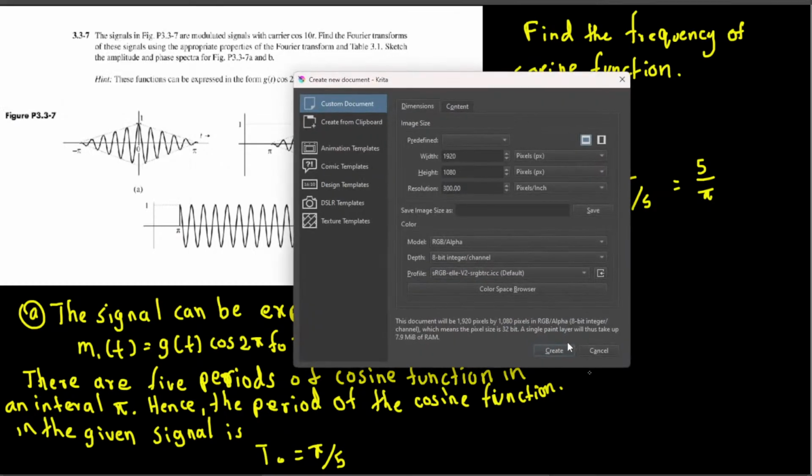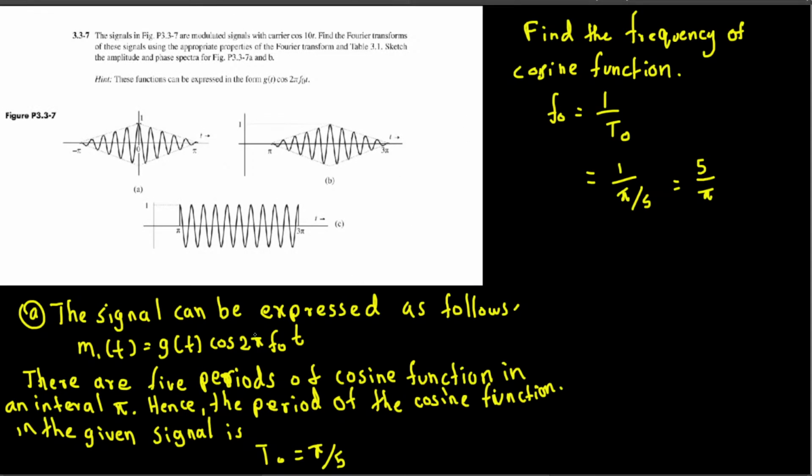Now we know that m1(t) is equal to g(t) cos 2π f naught t.